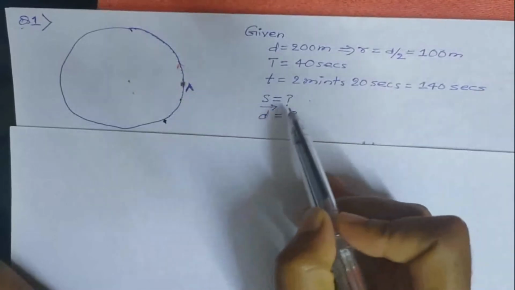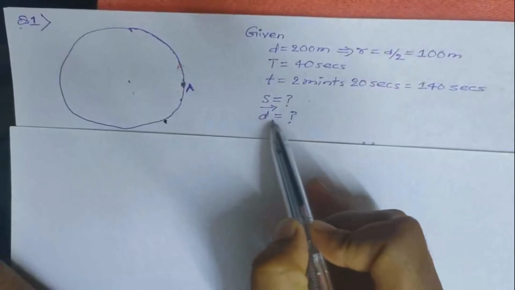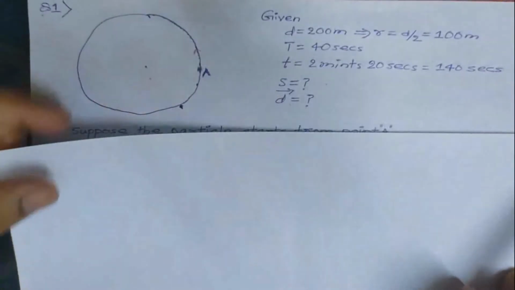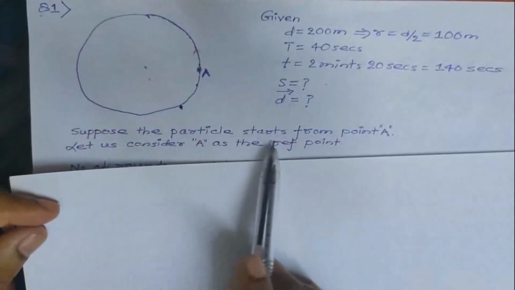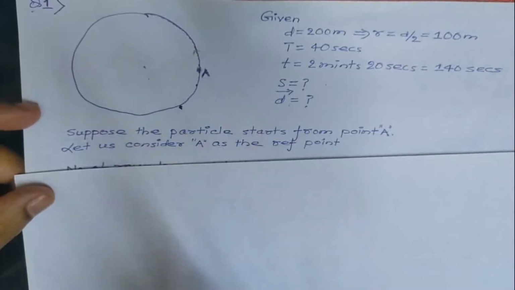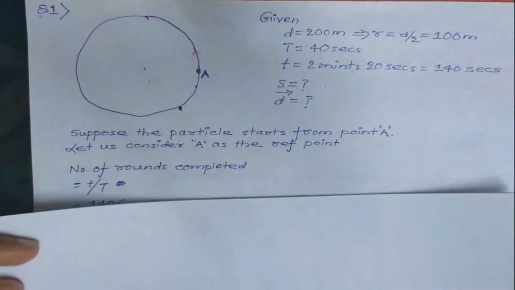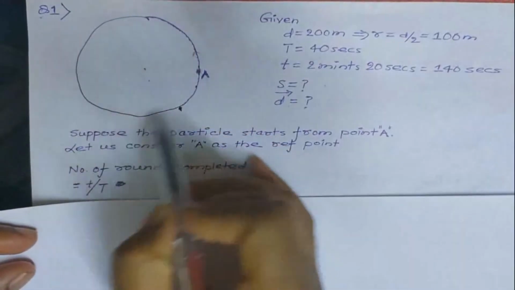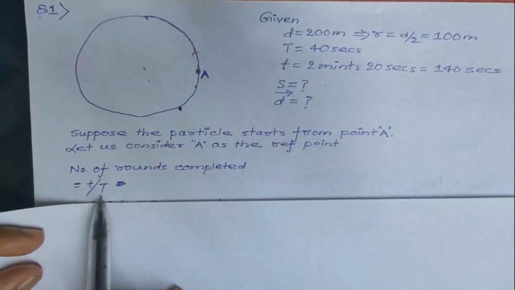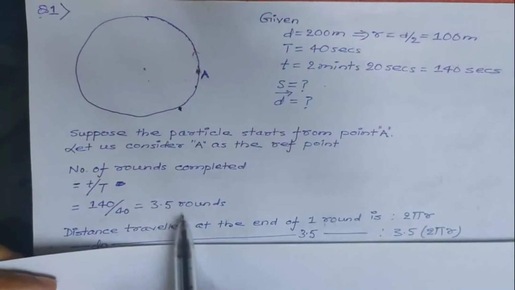So the question is asking us to find out distance traveled and displacement of the object. We can find out the distance, that is very simple, there is no issue in that. Suppose the particle starts from point A. Let us consider A as a reference point. Number of rounds completed, how many rounds the object completes, is small t by capital T. So it will come out to be 3.5 rounds, guys.